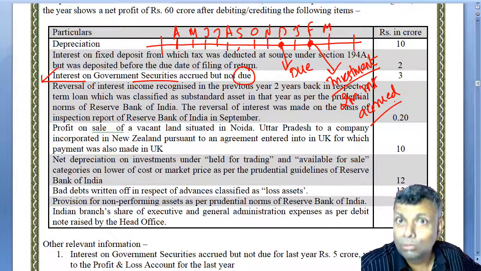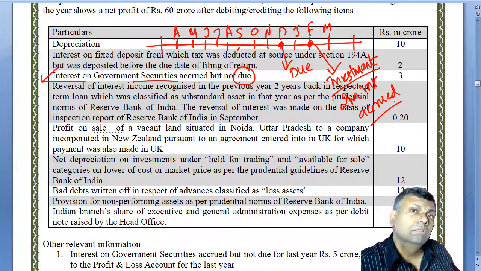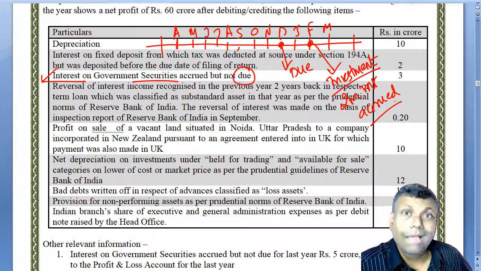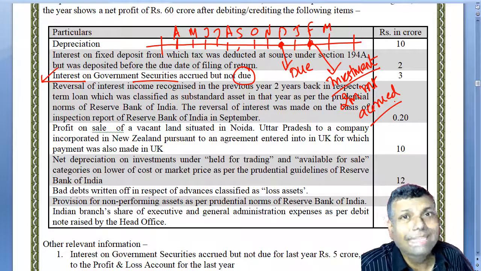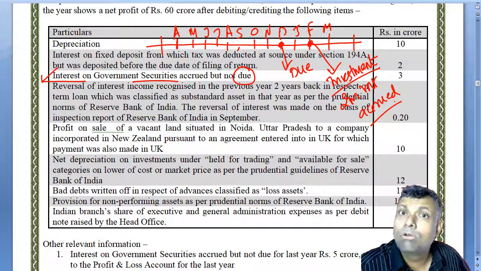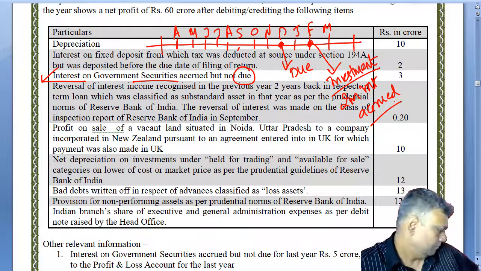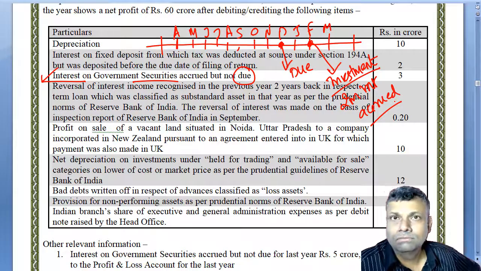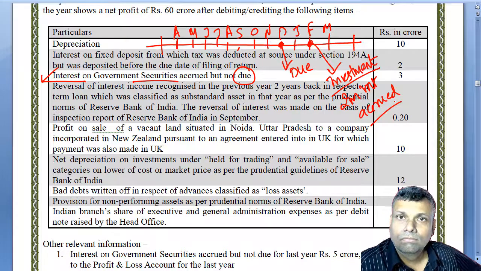By default, there is no taxability because there is nothing which falls due after you have invested in the specified government security. Have you understood that?